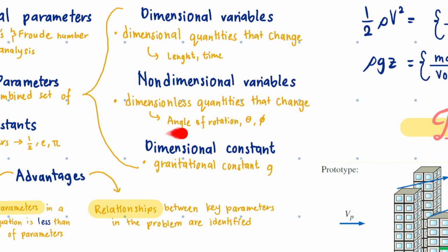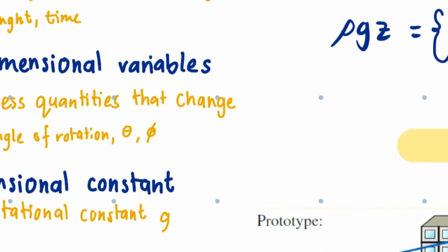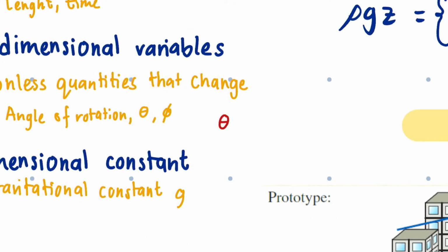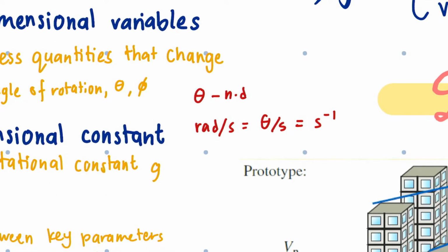Non-dimensional variables, such as the angle of rotation, theta. Theta is a non-dimensional variable, which also means that radian per second is theta per second. So actually the unit is per second.